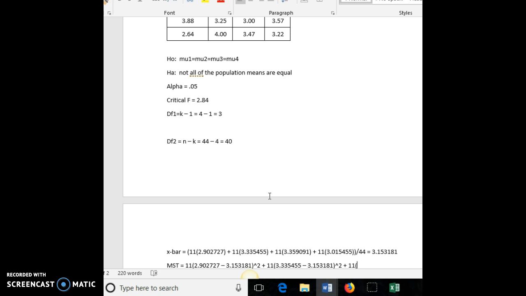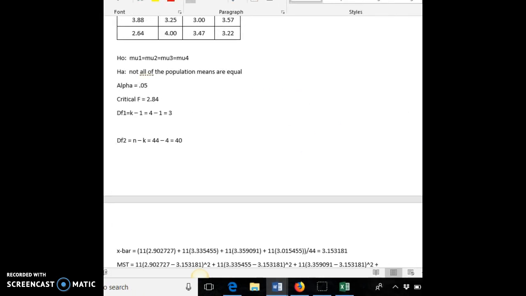And then we need 11. And our third mean was 3.359091 minus the mean that we got overall in the last computation. And then we want to square that. And then I'm going to run off the page here, so let me kind of move this over.